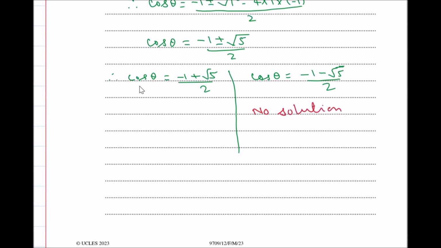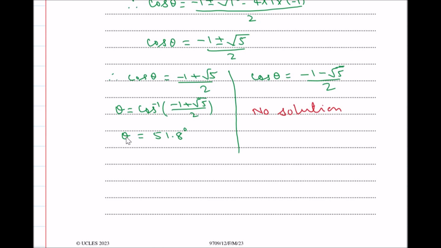Okay, so we need to solve only the left hand side part. If you put theta equal to cos inverse of minus 1 plus root 5 by 2, we get 51.8 degree.